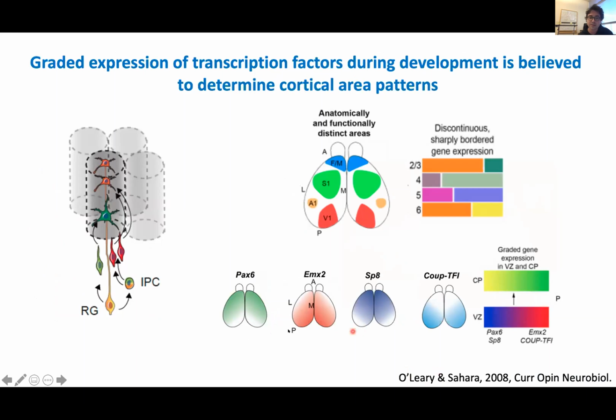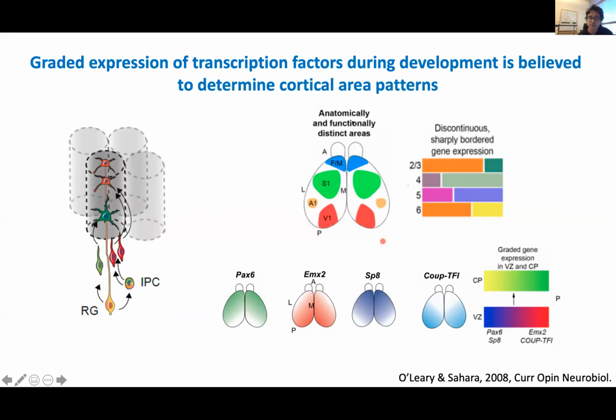Some hypotheses that have been really fundamental to this have come from work from Denis O'Leary and John Rubenstein and others, and included the identification of patterning transcription factors. These are transcription factors whose expression is induced by local organizers and which largely form gradients of gene expression across the neuroepithelial sheet.